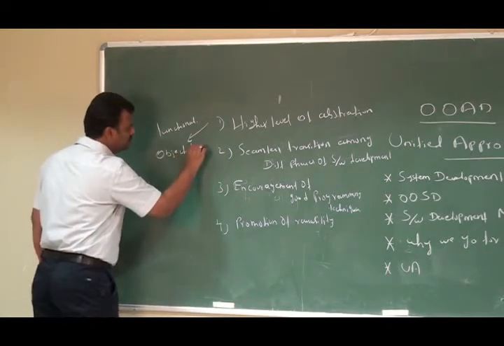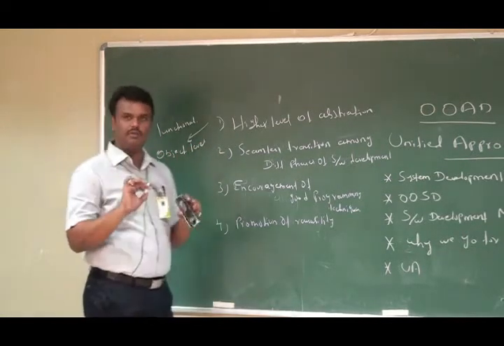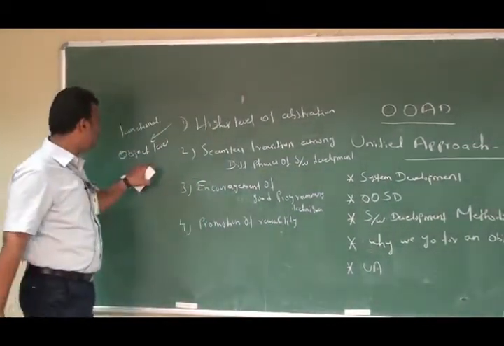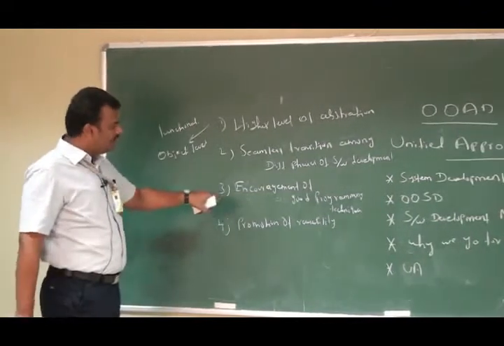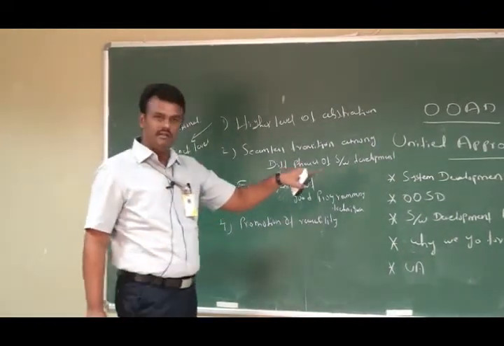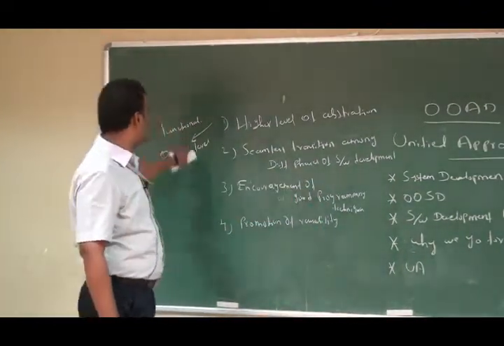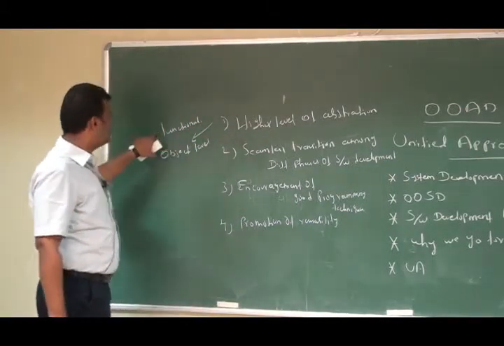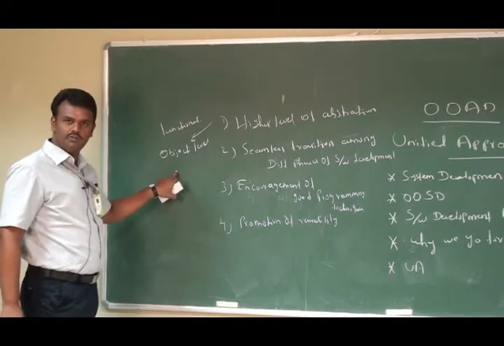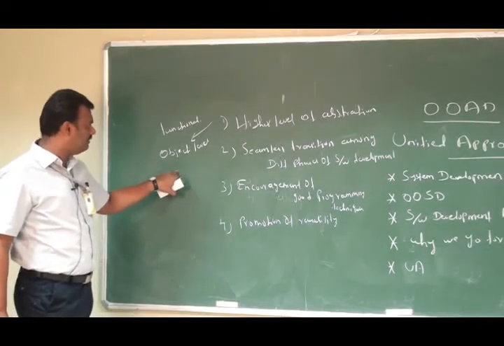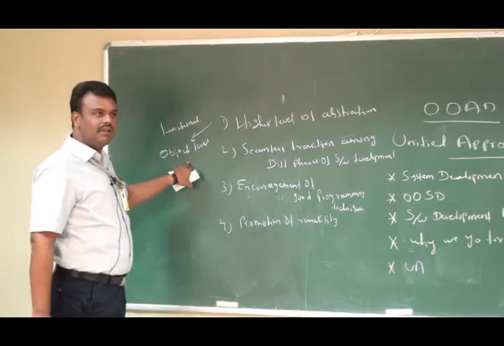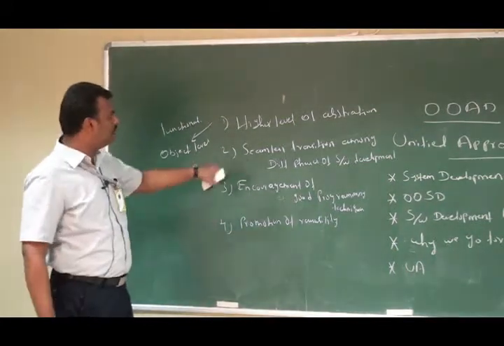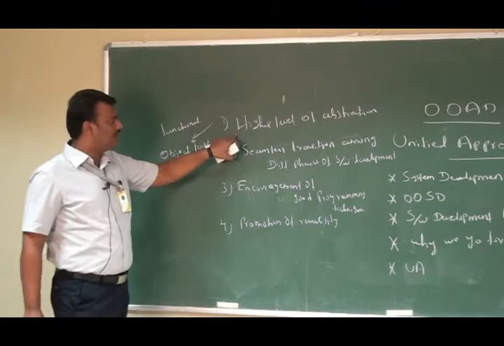The object level means it encapsulates both the data and functions, so we can analyze, design and implement the data much more easily than in the traditional approach. That's why we go for the object-oriented approach.